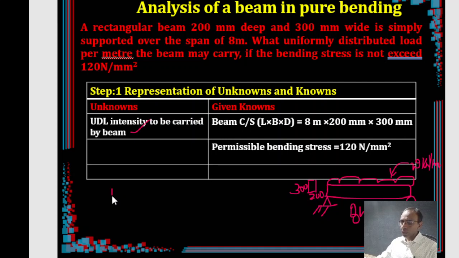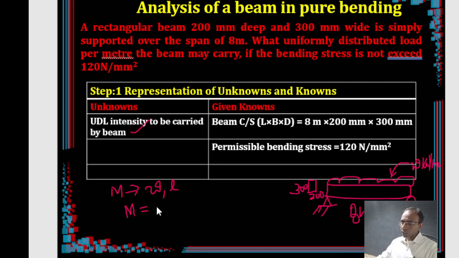Load is related to the term M, because M depends upon two factors: one is the load carrying capacity, another one is the span. You have been given the span, and asked to calculate your W. So your equation, you can write: M is your desired quantity. M by I equal to sigma by y, right?